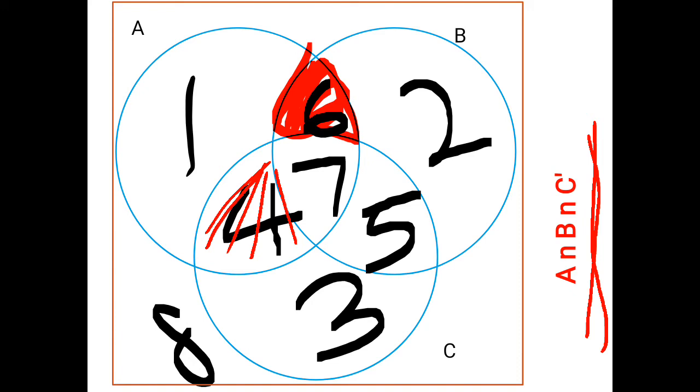Then mathematically it is going to be A intersection C intersection B complement, because region 4 is not found in circle B. But because we have to write it accordingly, A comes before B before C, so it becomes A intersection B complement intersection C.